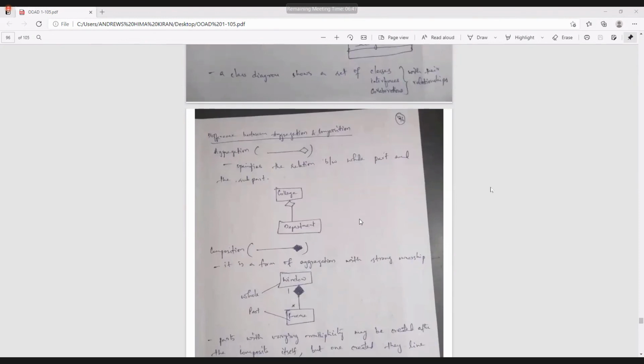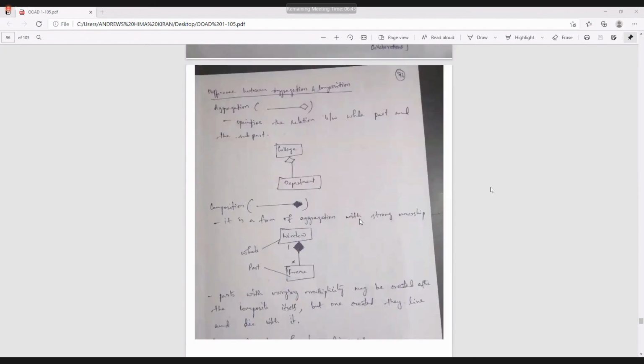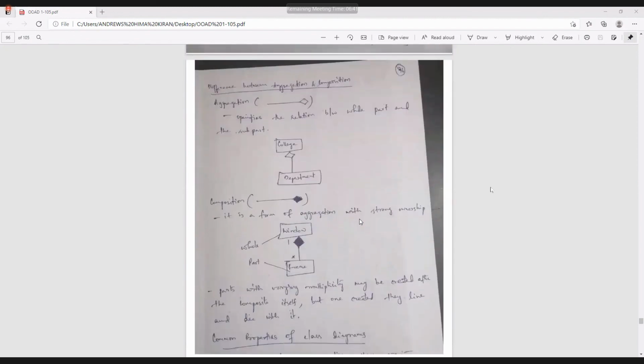Next, difference between aggregation and composition. Just now I explained this. Once again, the first representation is college and department. A college may contain a department. That is, if we place aggregation, I can say a college may or may not contain a department.